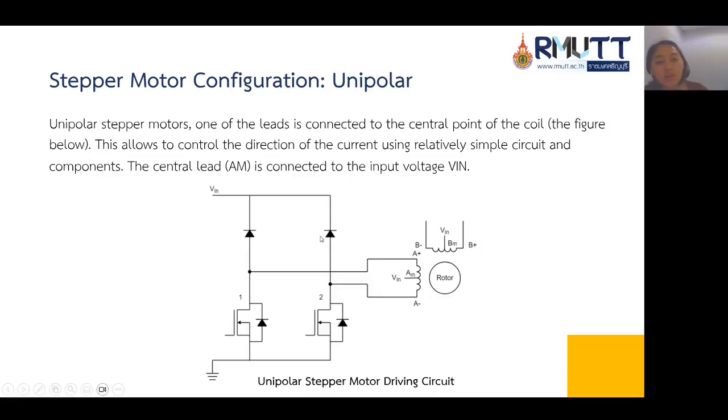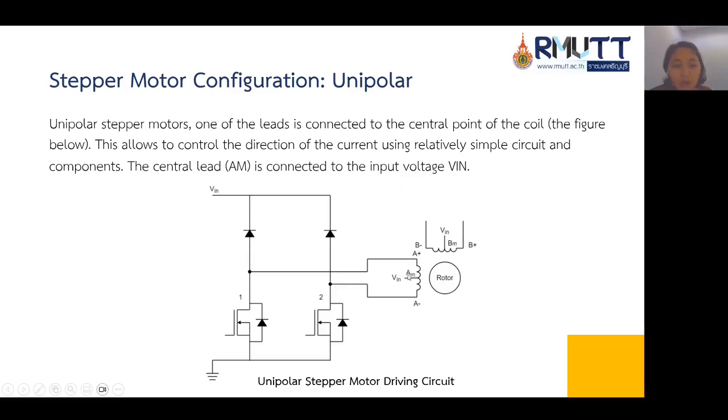There are two stepper motor configurations. The first is unipolar. In a unipolar stepper motor, one of the leads is connected to the central point of the coil, like in this figure.